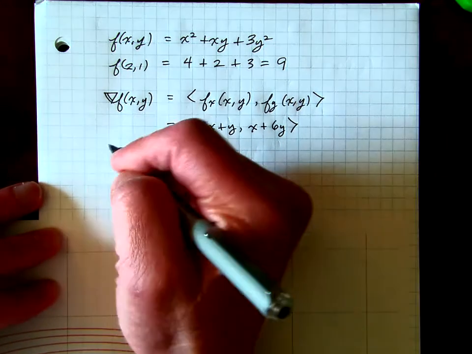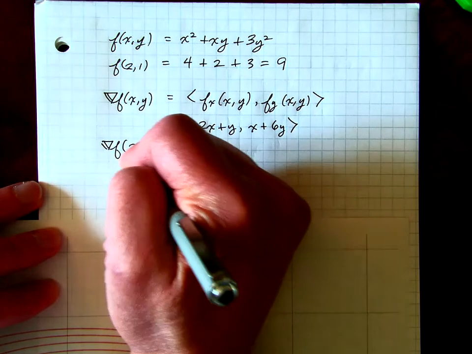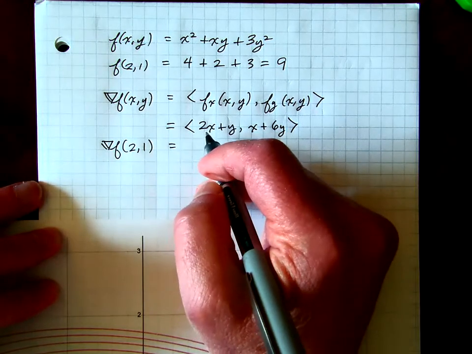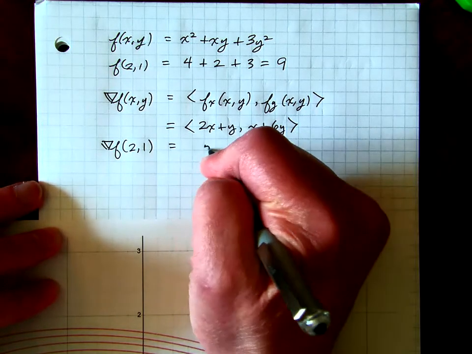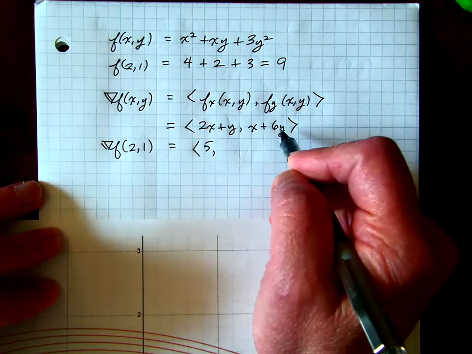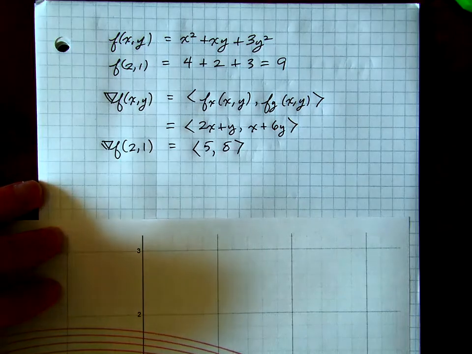If I evaluate this at our point of interest, see what we're going to get. 4 plus 1 is a 5. And 2 plus 6, we've got an 8. All right. I'm going to sketch this on the graph, and I'm immediately going to run into a problem.